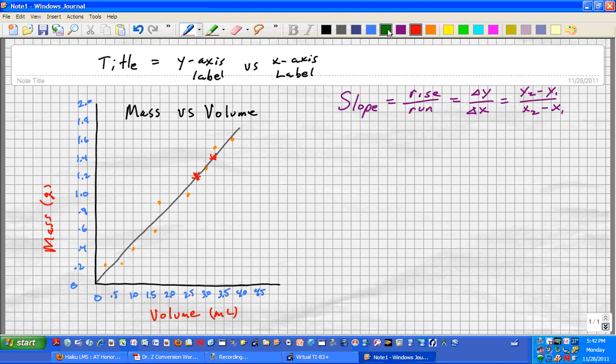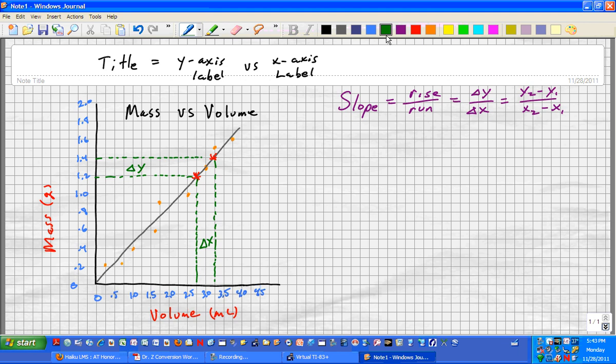So I'm going to just essentially read across there, and read across here. That'll give me my change in y. If I read down here, this will give me my change in x.